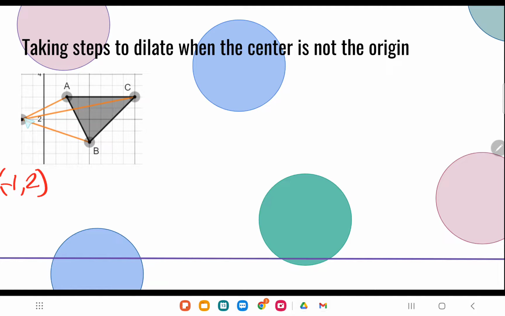So my first vector from the center to A is going to be 2, 1. My vector from the center of dilation to B is going to be 3, -1.